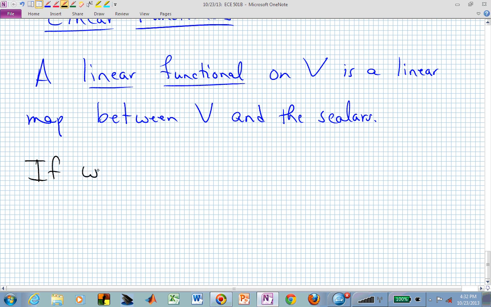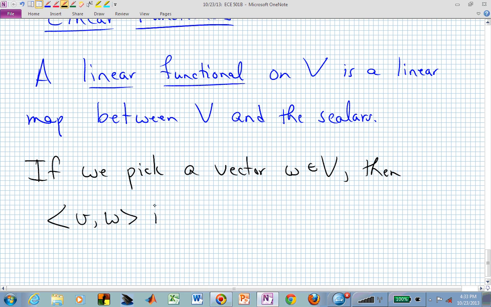If we pick a vector W that's in our vector space V, then the inner product of V with W, that would be satisfying this definition of linear functional, is a linear functional.